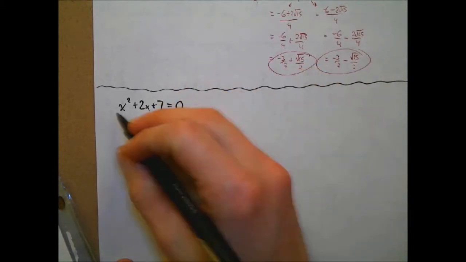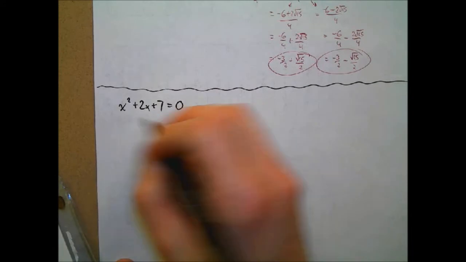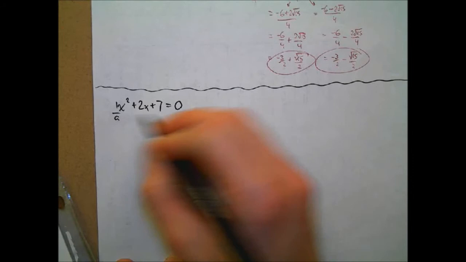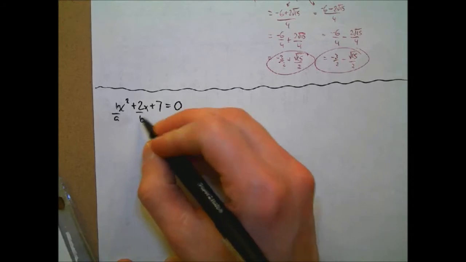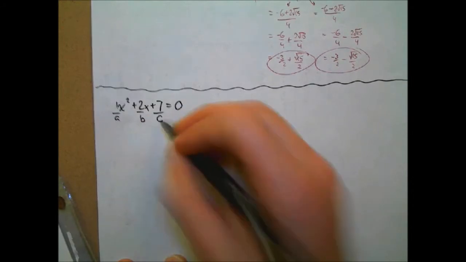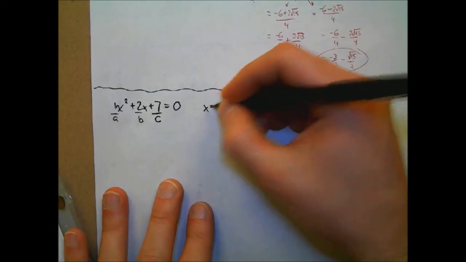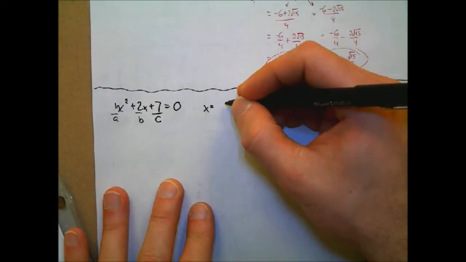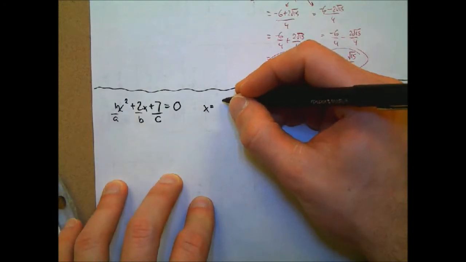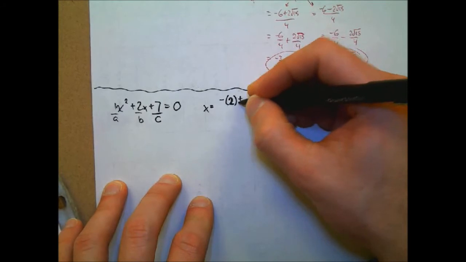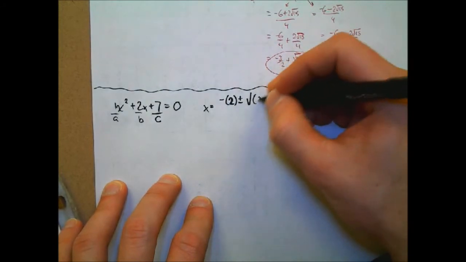Negative B, which would be negative 2, plus or minus the square root of B, 2 squared, minus 4 times A, which is 1, times C, which is 7, all over 2 times A, 2 times 1. Again, so far, so good.